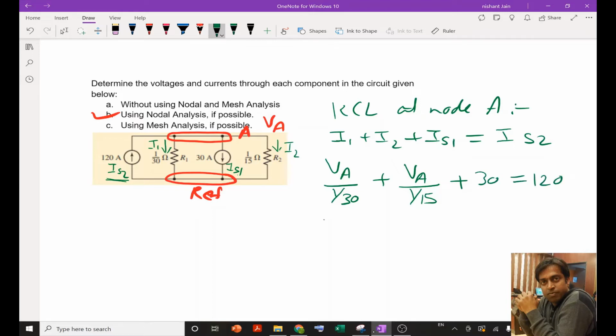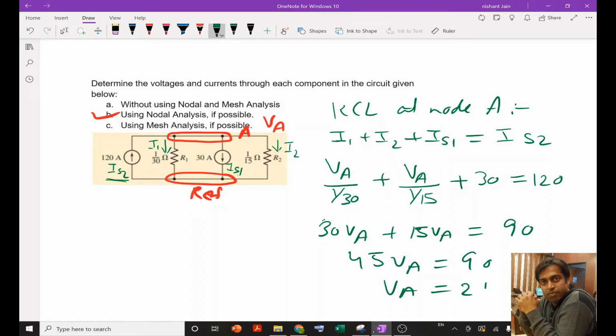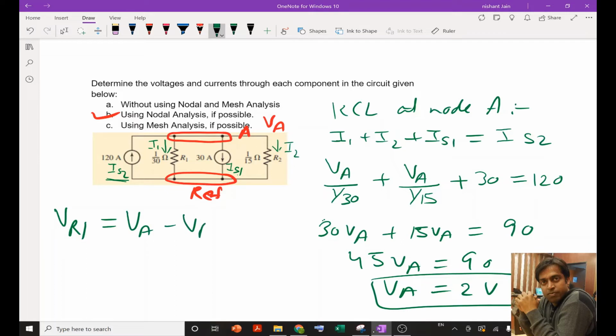So solving this equation, I will get 30 VA plus 15 VA equals 90. So 45 VA equals 90, VA equals 2 volt. Now you can see since VA is 2 volt, the potential across R1 will be VA minus V reference.